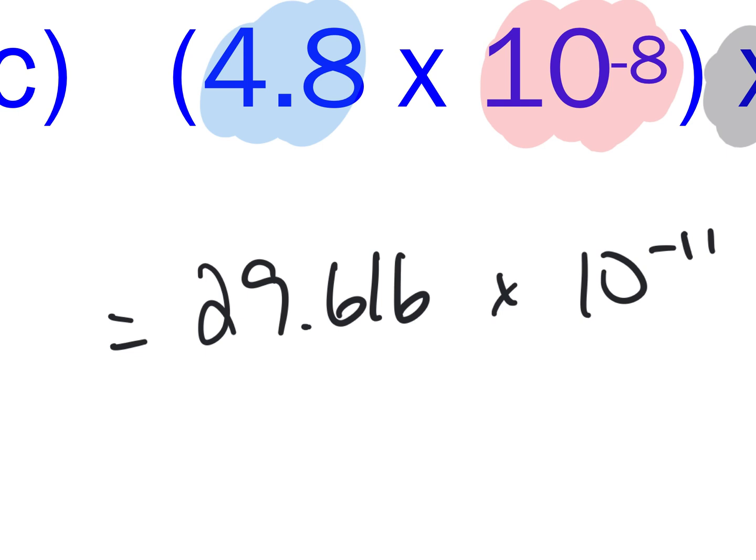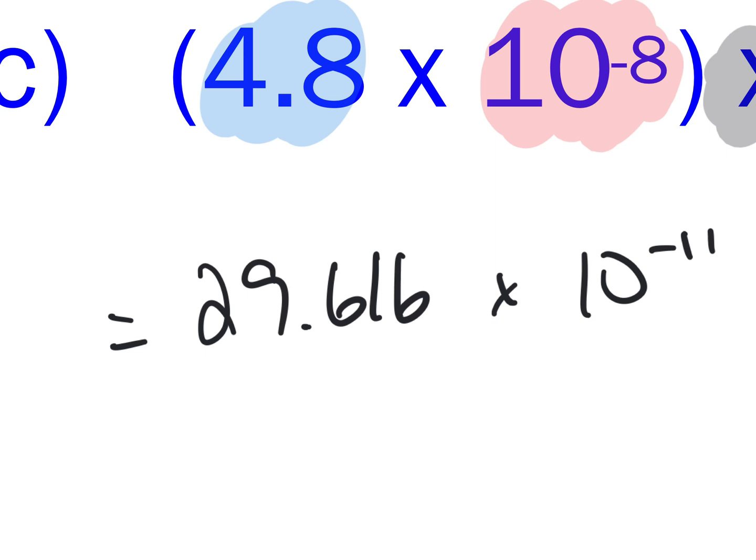What's wrong with this number? There's 2 digits before the decimal. That's bad. You can only have 1 digit before the decimal.